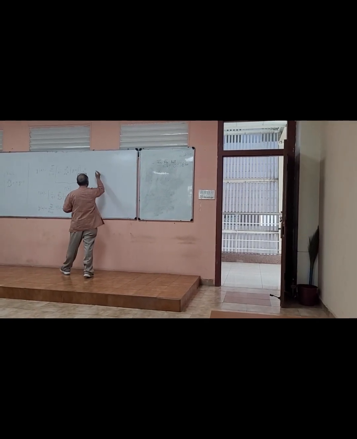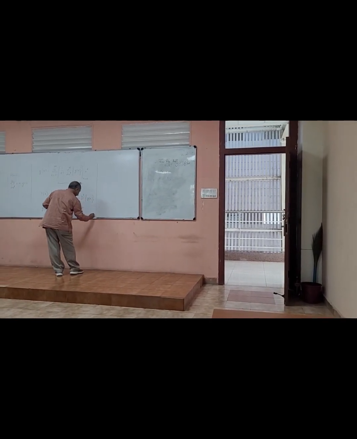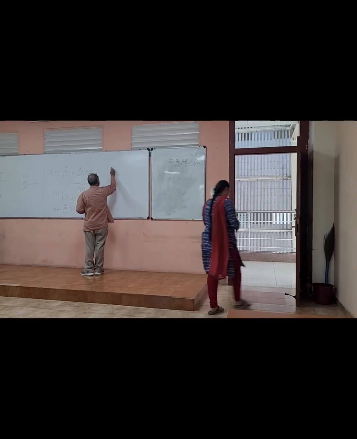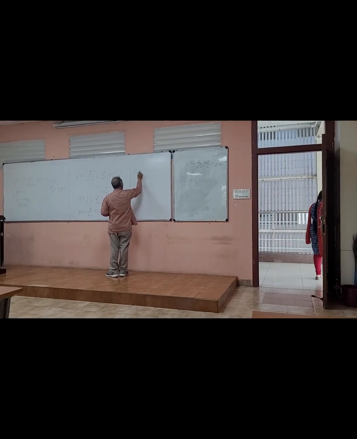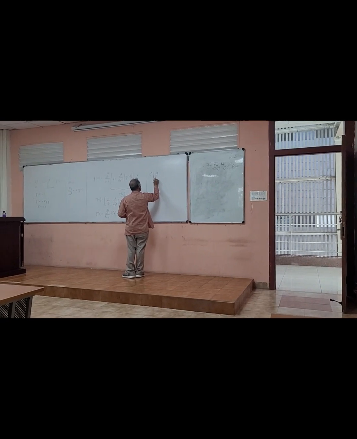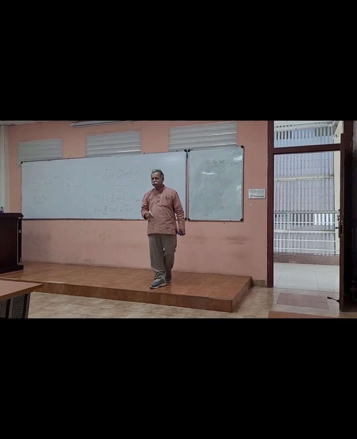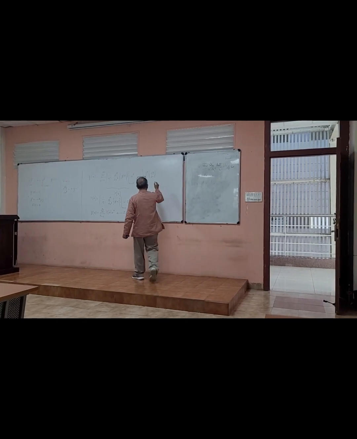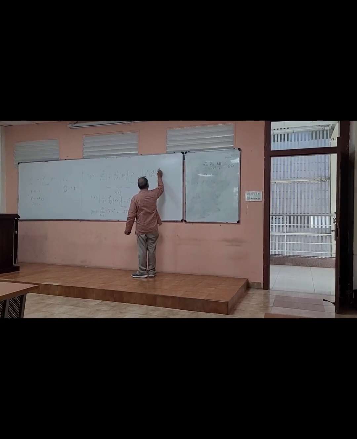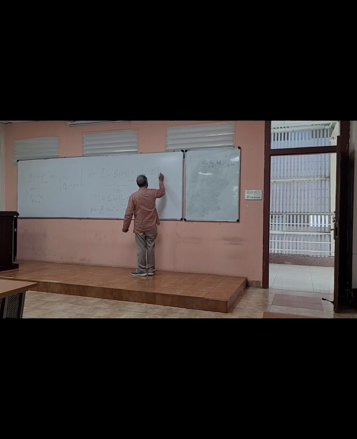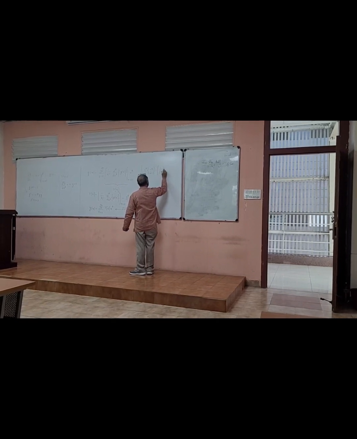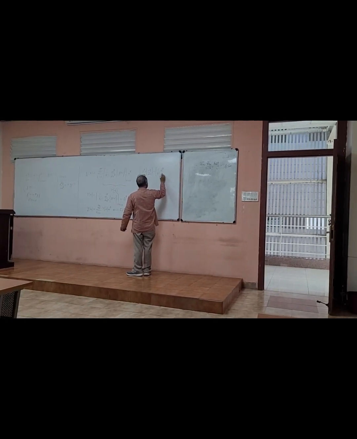So what I'll do is, I'll find the differential transform of dy by dx. What is it? I have 1 by k factorial d^k by dx^k.